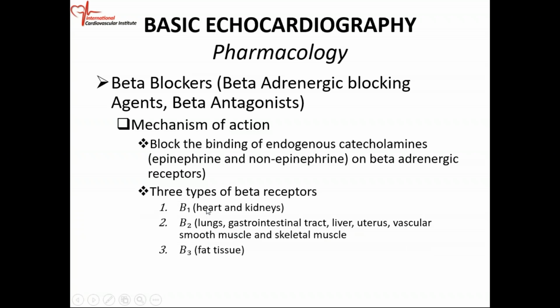And beta 1 is mainly the heart. So we can block the beta 1 receptor. We have medication that can specifically block beta 1 receptors. And if we do that, then we're going to decrease the heart rate and we're going to decrease how much the heart is contracting. Okay.